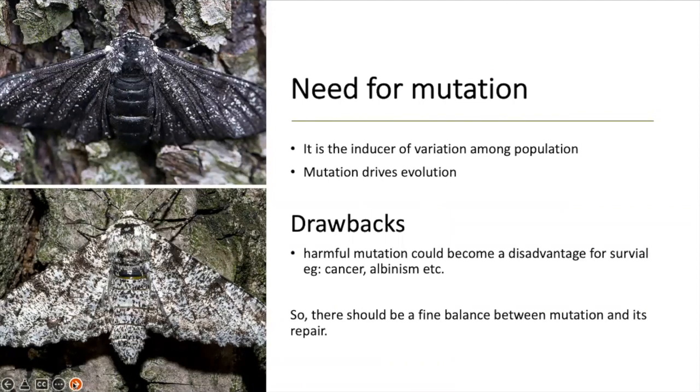This creates a variety of phenotypes that help organisms adapt to an environment and drive evolution. The drawbacks of mutation are that it could lead to unfavorable phenotypes such as cancer, albinism, or metabolic diseases that affect the survival of organisms. Thus, there should be a fine balance between mutation and its repair.